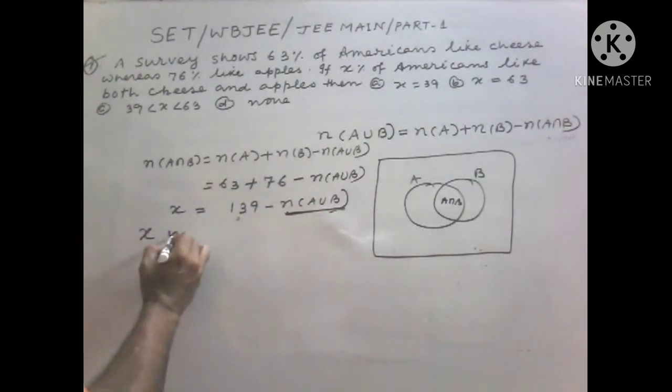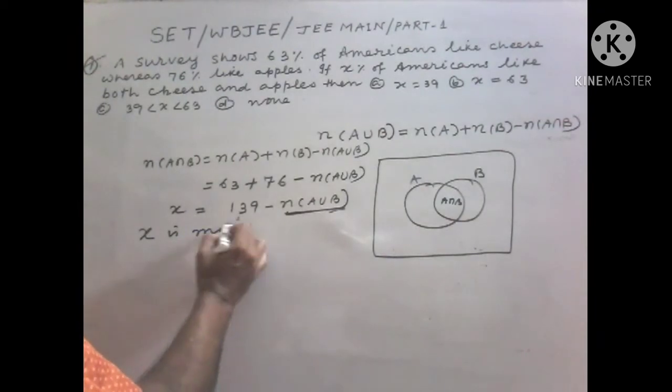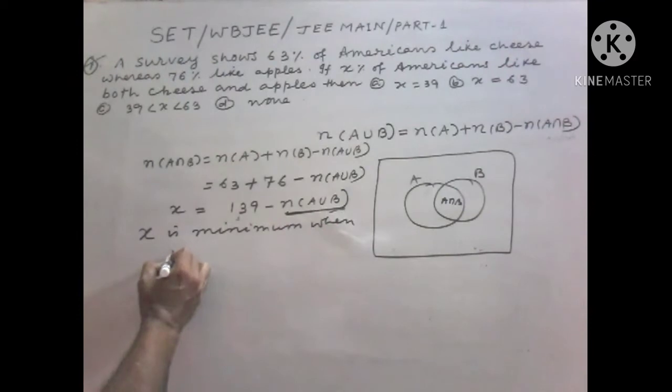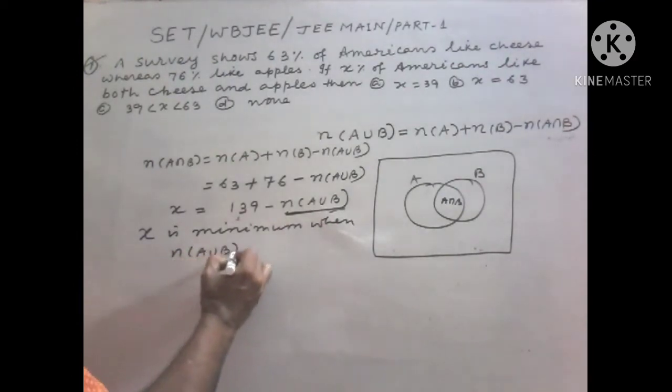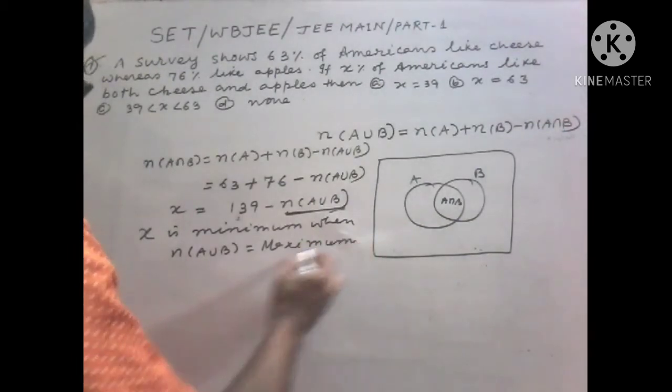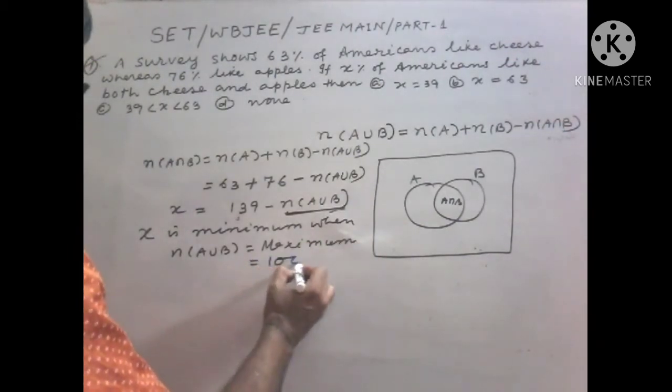So, x is minimum when n(A union B) equals the maximum, that is, 100.